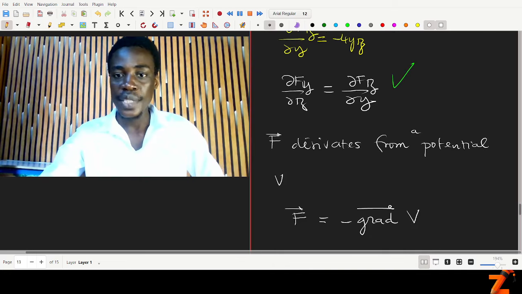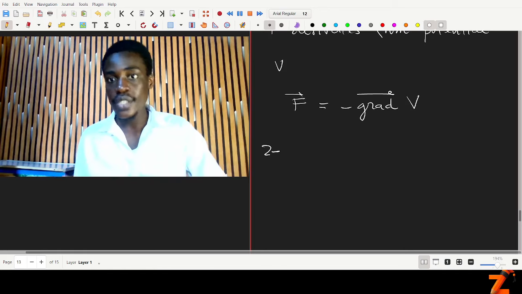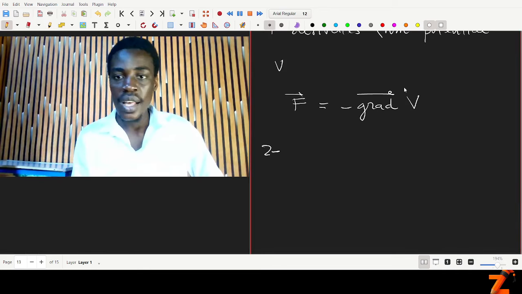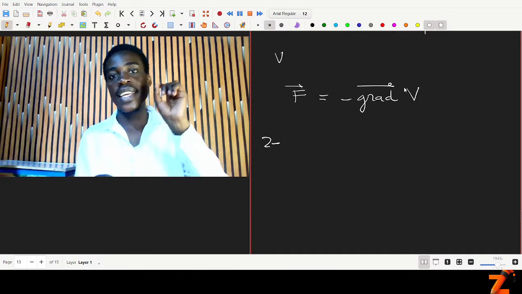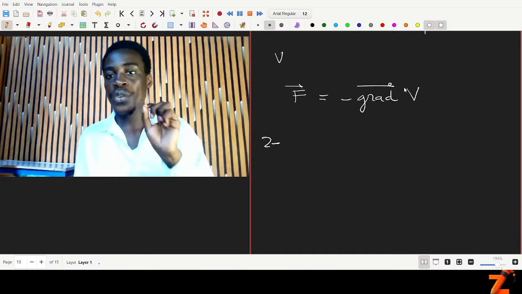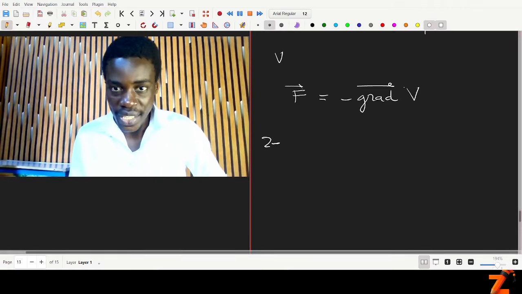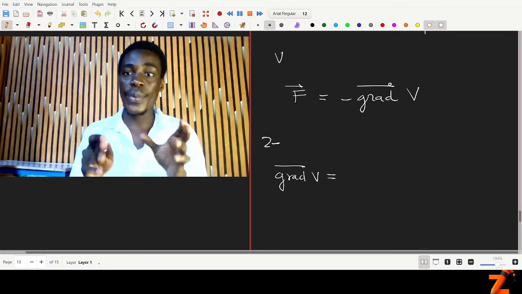So I will take the second question. The second question is to calculate v. How? You have to know the expression of the gradient of a scalar function v. What is the gradient of v? Very simple.